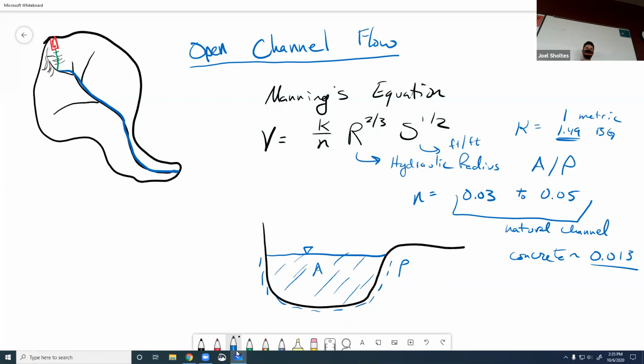When you parameterize your reaches, you have to figure out the width of the channel. I'm going to call it a trapezoid, we'll make it simple. It's got a width, some sort of depth, and maybe a 1-to-1 slope or something like that. So you really simplify the system and you make some big assumptions.